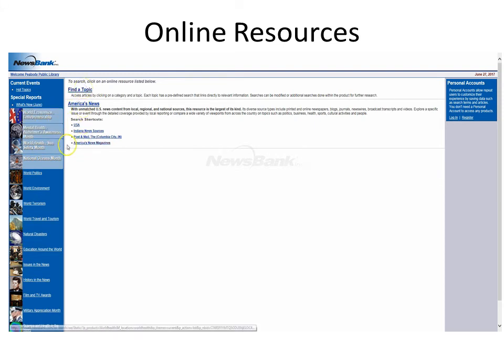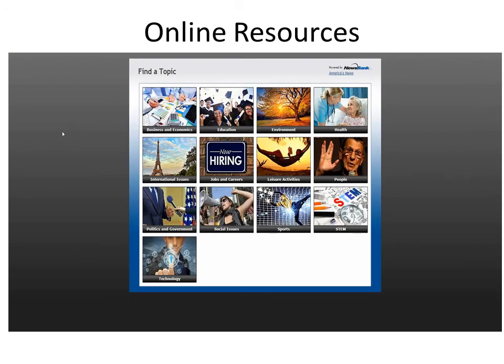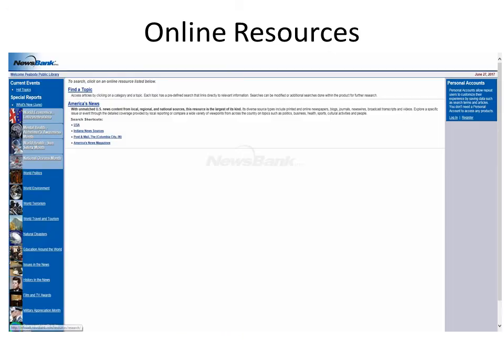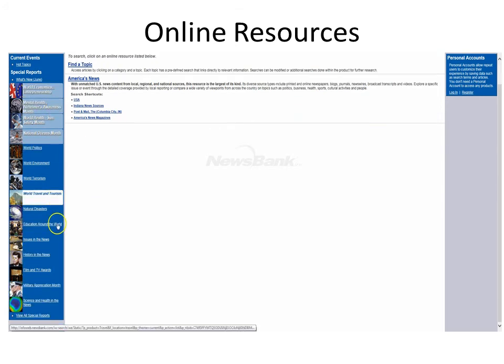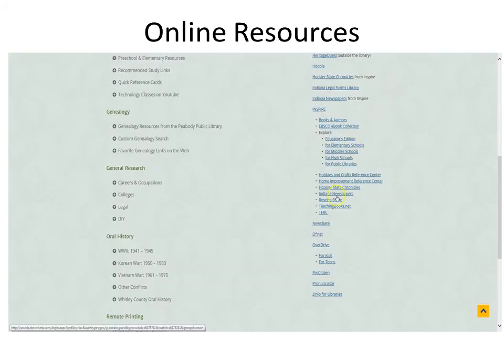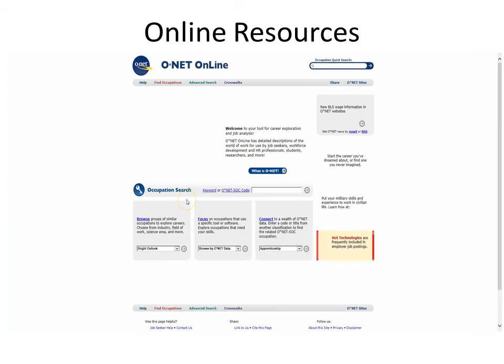You can find a topic of whatever you're looking for in Newsbank, and just type that into these topics. There used to be 16 of them, and now there's only 10. But you can go into social issues, and then you have a bunch of other stuff in there when you get in there. So you also have topics over here on the side. Definitely explore in Newsbank.